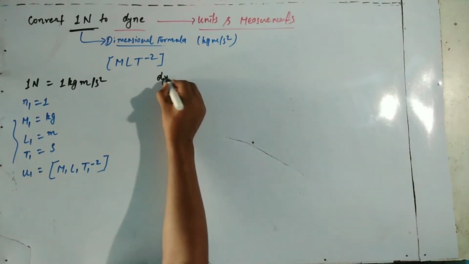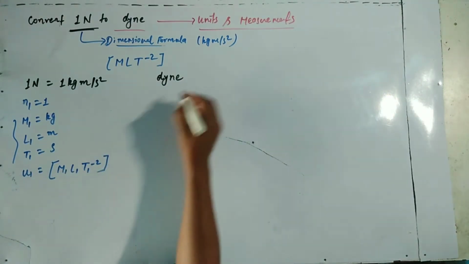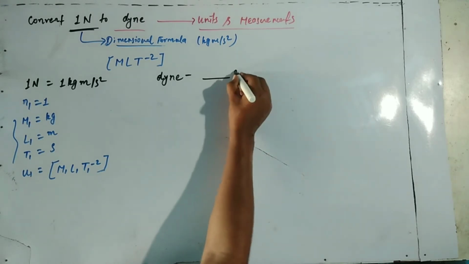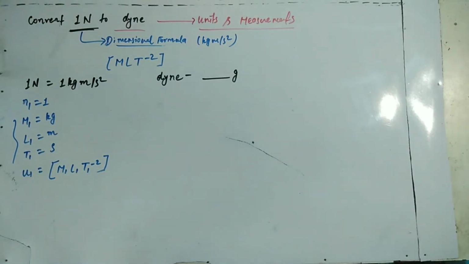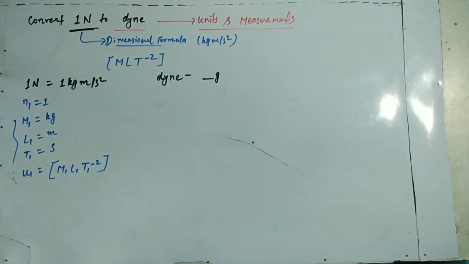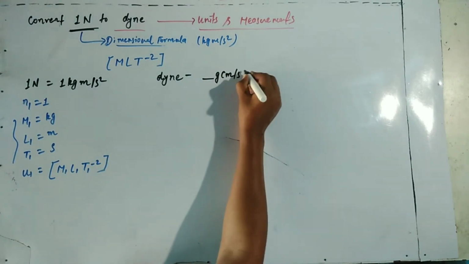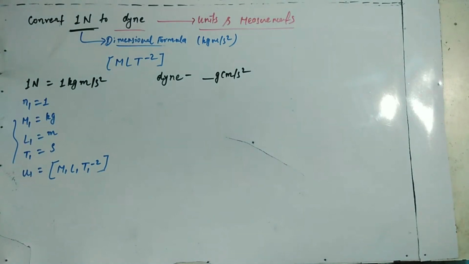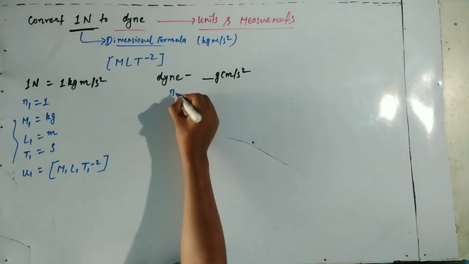So we calculated N1 and U1. Now the Newton is to be converted to dyne. So dyne equals gram cm per second square. So we have to find N2.